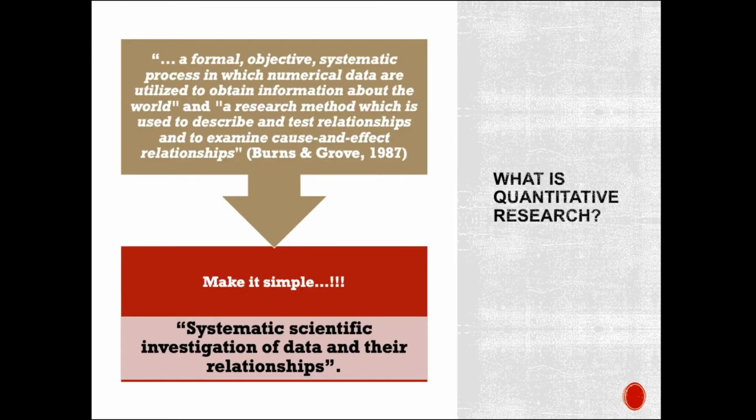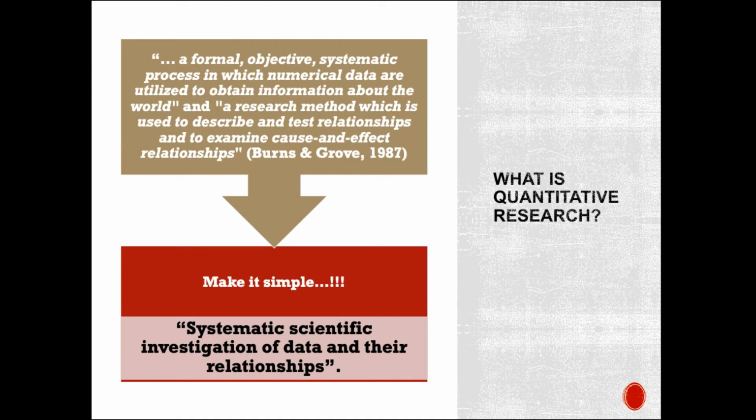But before we go straight to the qualitative, I would like to give a quick comparison between qualitative and quantitative research. So, what is quantitative research? It is a formal, objective, systematic process in which numerical data are utilized to obtain information about the world. It is a research method which is used to describe and test relationships and examine cause and effect relationships. This is based on Burns and Grove 1987.